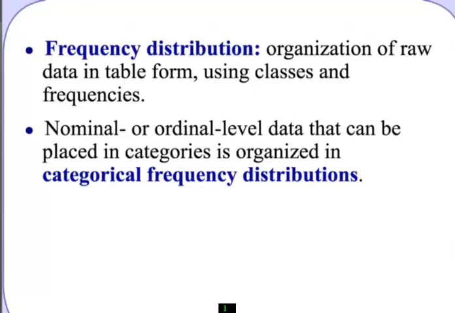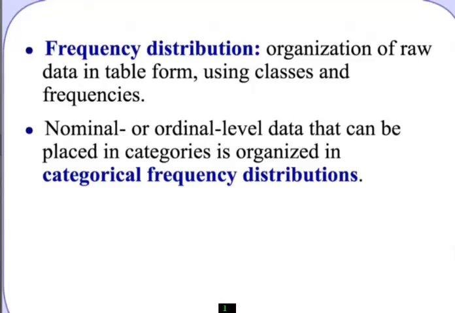The first type that we're going to look at is categorical frequency distributions. And when we're talking about categorical frequency distributions, recall that there were two distinct types of variables. There was the qualitative variable, the categories, or there was the quantitative variable, the numbers.